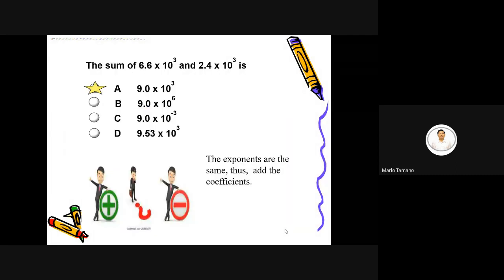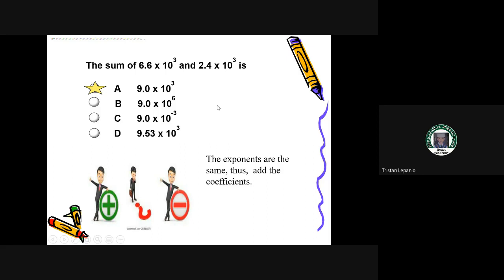Now, the sum of 6.6 times 10 cubed and 2.4 times 10 cubed is marked with a star. What do you think? Is this the correct answer?